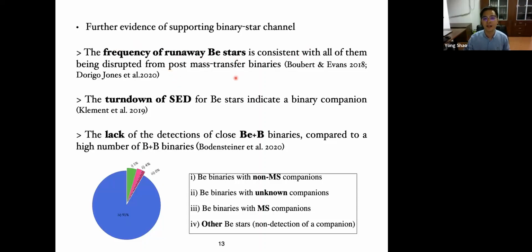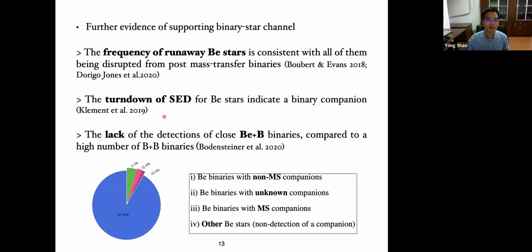For runaway B stars, they have high space velocity. The frequency of runaway B stars is consistent with all of them being disrupted from post-mass transfer binaries.